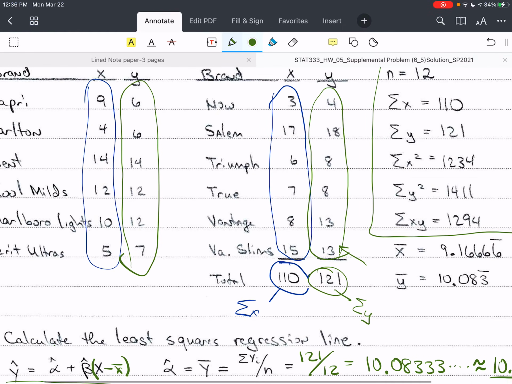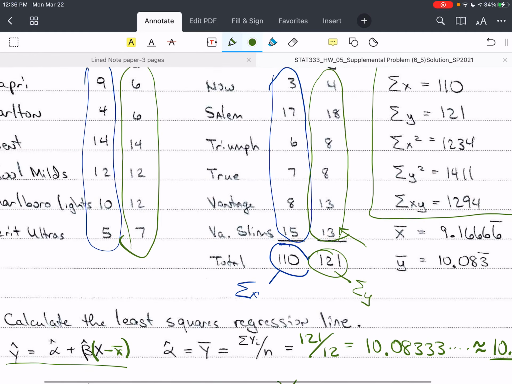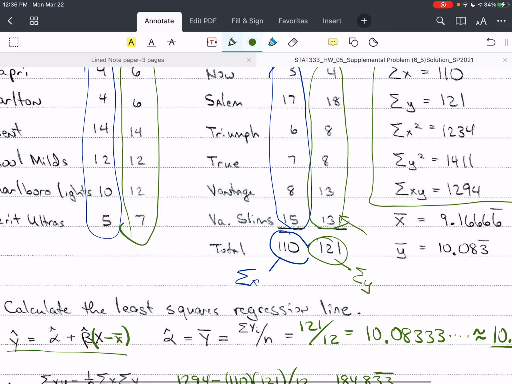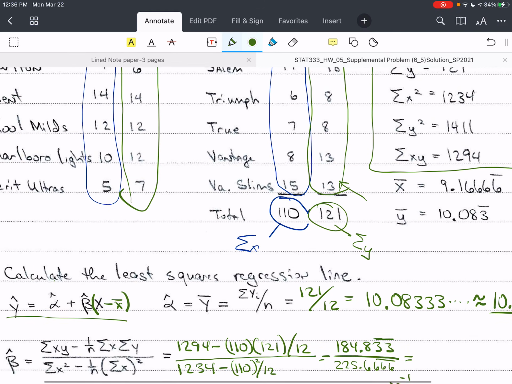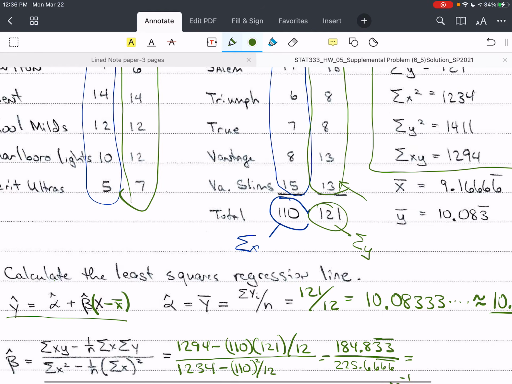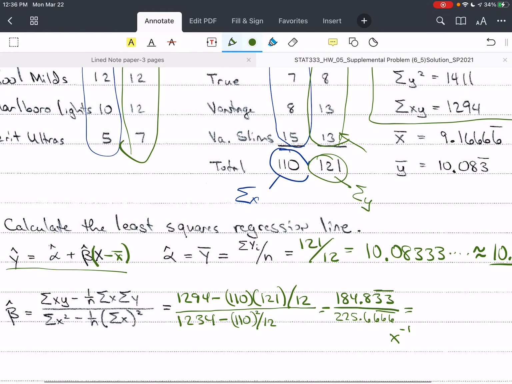So we have 110, 121, and sum of x squared; sum of xy is 1294, sum of x squared is 1234, sum of x is 110. Yes, okay, so let's make sure that 1294 minus 110 times 121 divided by 12.